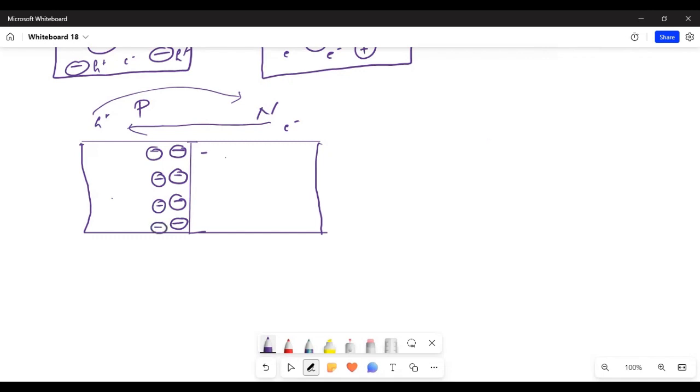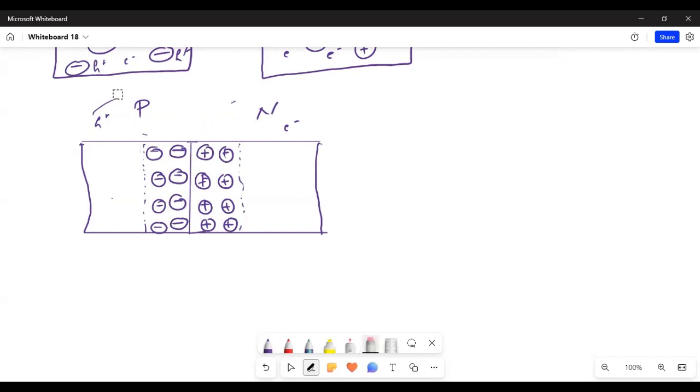Similarly, electrons leave the n-type and go to the p side, leaving behind immobile ions. Holes also move from this side to that side, and this movement is the diffusion component of the current.